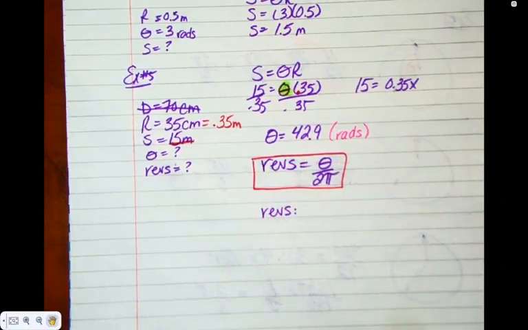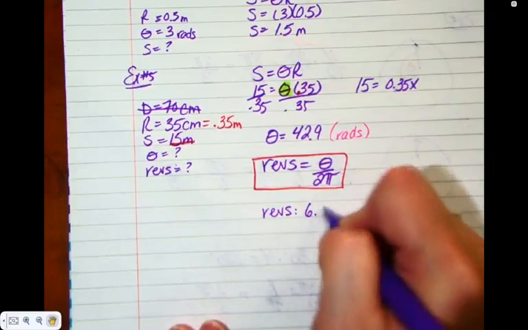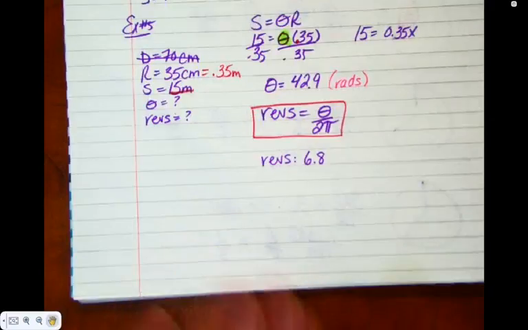Go ahead and tell me how many times this wheel on the unicycle revolved. 6.8. Confirmed. Units.